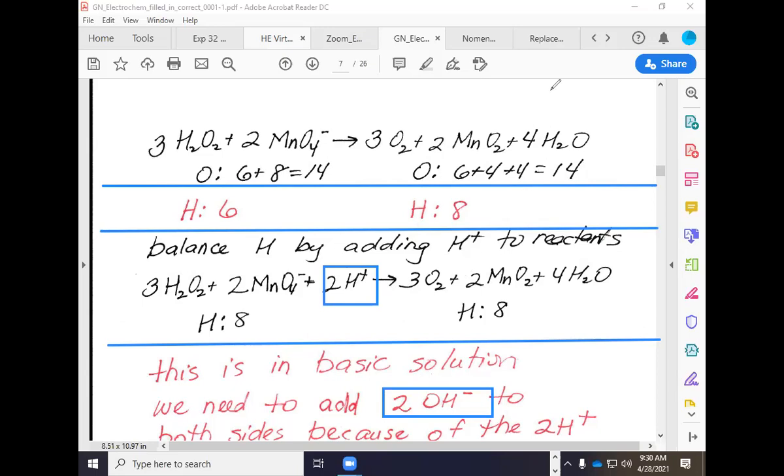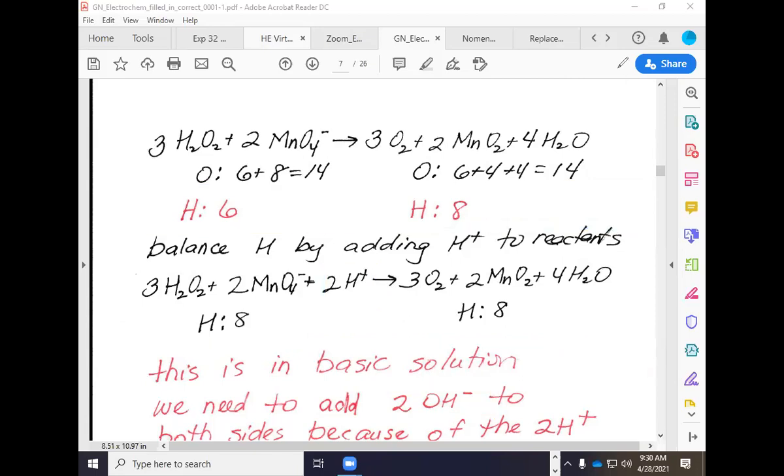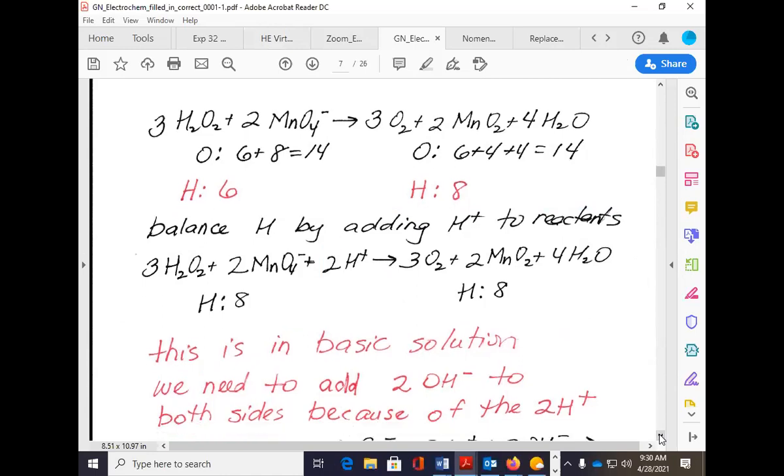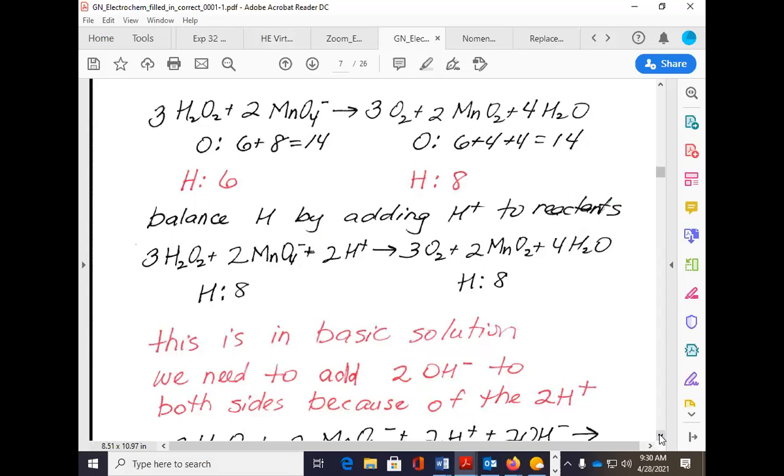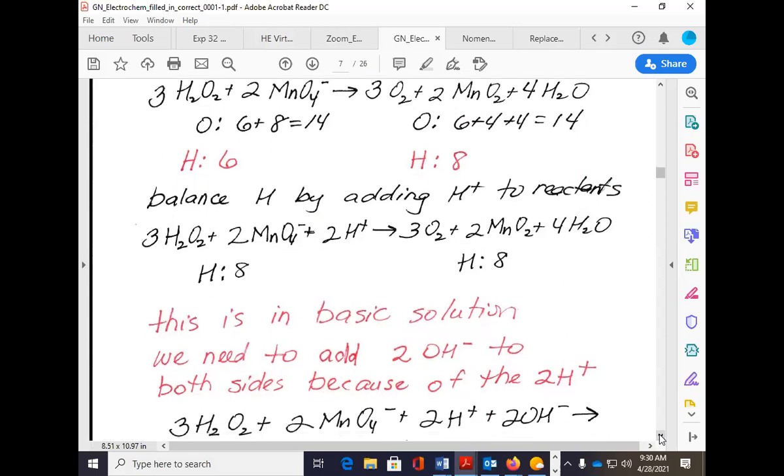So depending on how many H pluses we have, we add the OH. Exactly. So that's how we get the hydroxides. And it's because of the H plus, and I couldn't fit this all in one line, so I'll just show you the first part. I'll just show you the reactants.